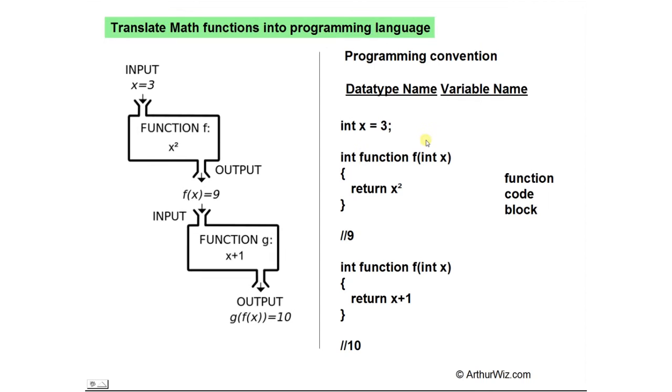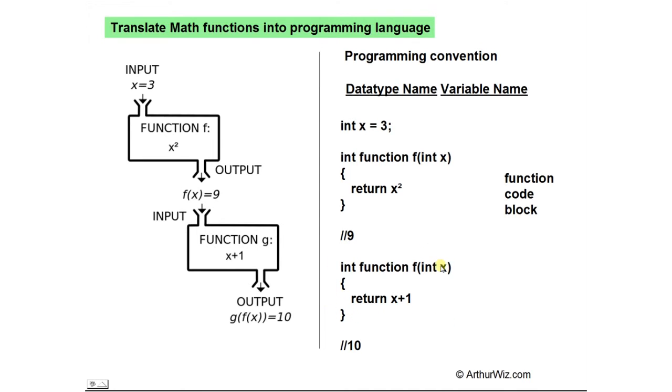So when the integer 3 goes into the function, it goes to the power of 2, which is multiplying itself, and we designate return. That means the return of this whole function is the result, and the result will be 9. And this is a similar function.